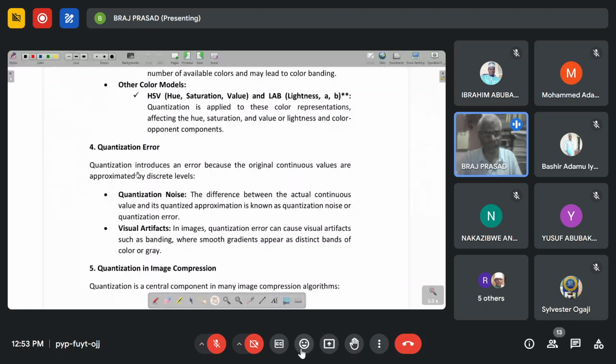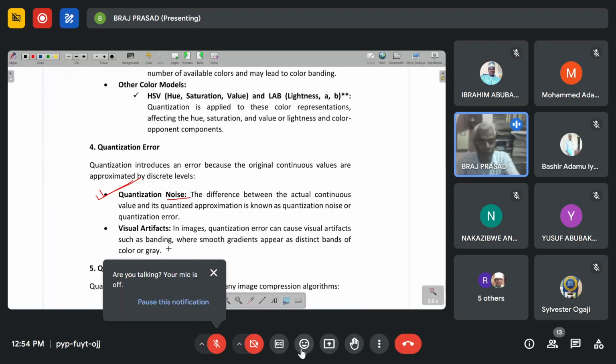One of the main quantization errors is quantization noise. How we remove this noise, there are different algorithms, and questions are also based on this noise. Visual artifacts, quantization, image compression.